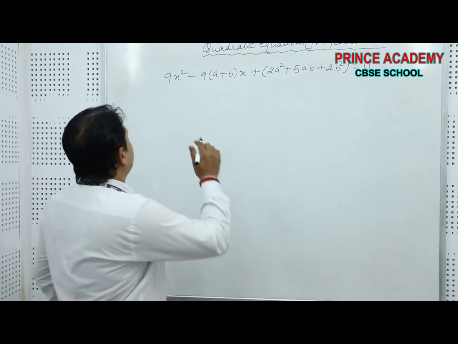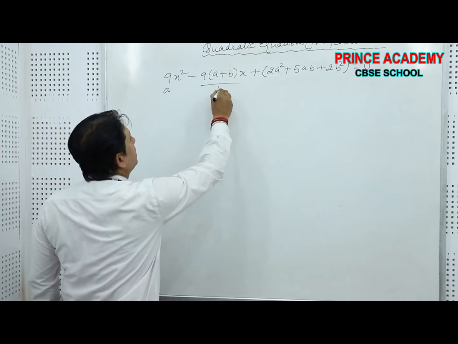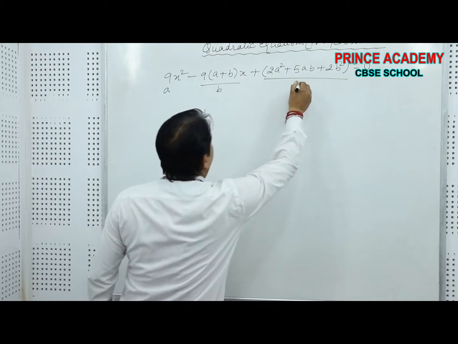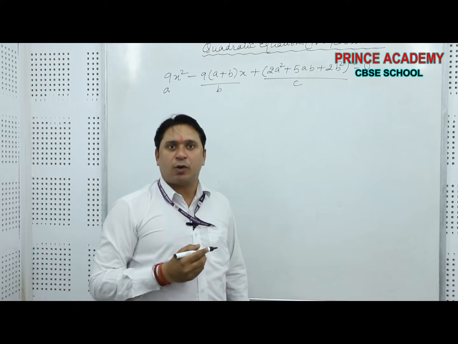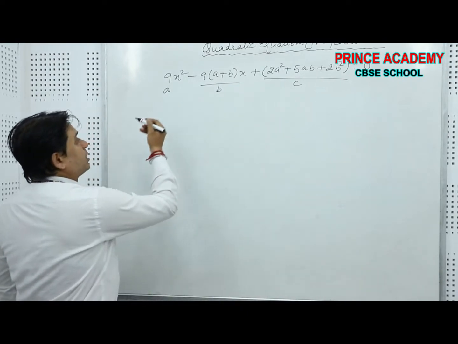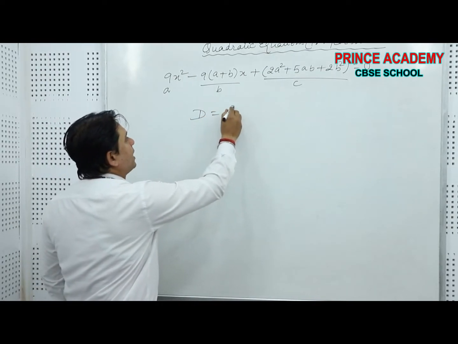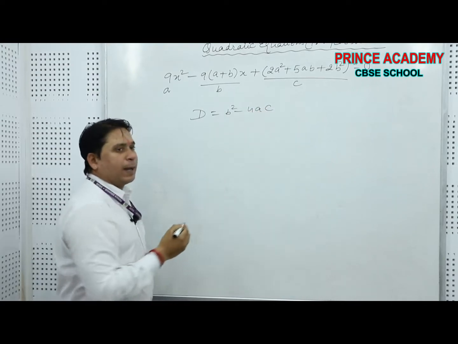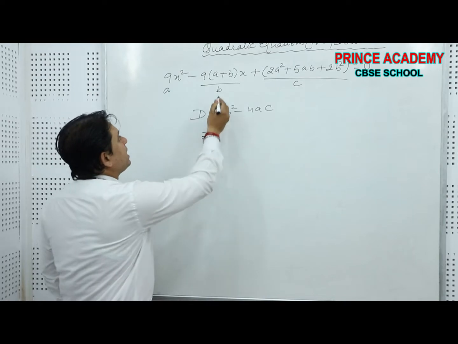See, beta, here this is A, this portion is B and this whole portion is C. Compare with the standard quadratic equation, ax square plus bx plus c is equal to 0. Now see, what is D? What is discriminant? Discriminant is b square minus 4ac for the standard polynomial. Okay, now what is b here?